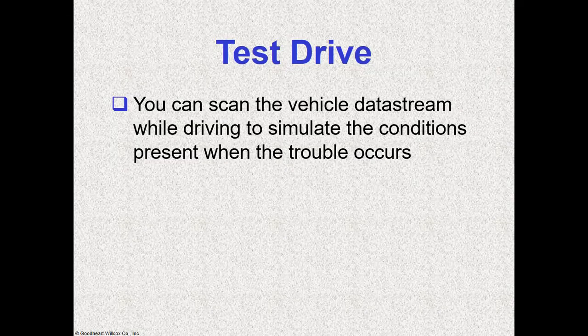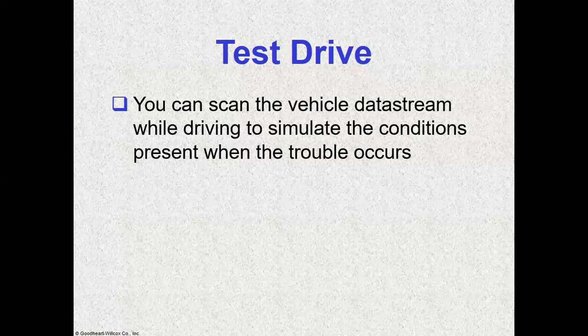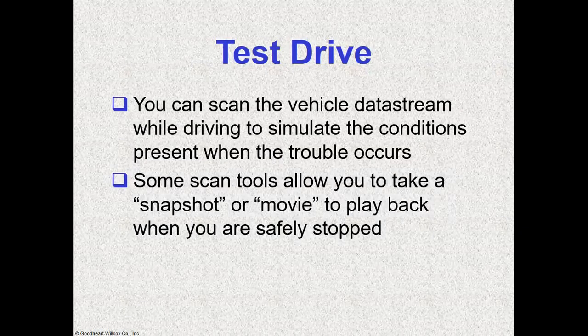So you can scan the vehicle data stream while driving to simulate the condition present when the trouble code occurred. Some scan tools allow you to take a snapshot or movie to play back when you are safely stopped, right? So the scan tool can actually record the data stream.